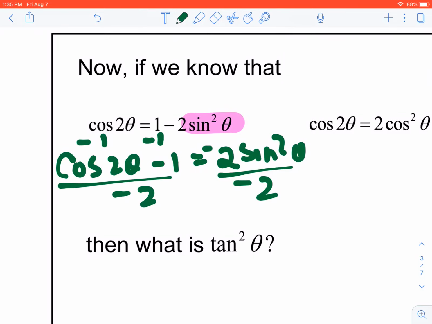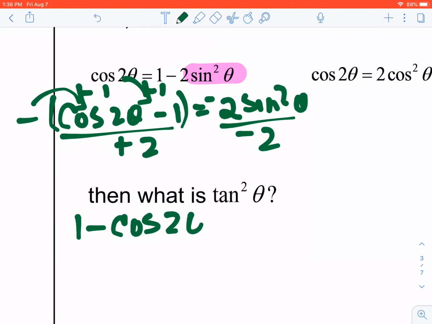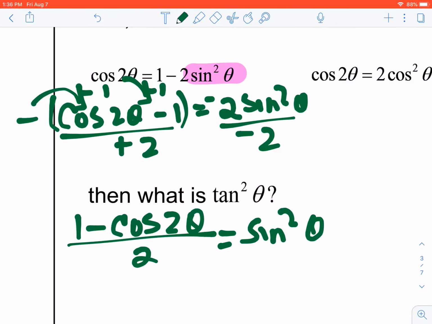And we can assign our negative to be on top, in the numerator, instead of the denominator. So often the way you're going to see this printed is, if I distribute this negative, 1 minus the cosine of the double angle over 2. This is why it is called power reducing.